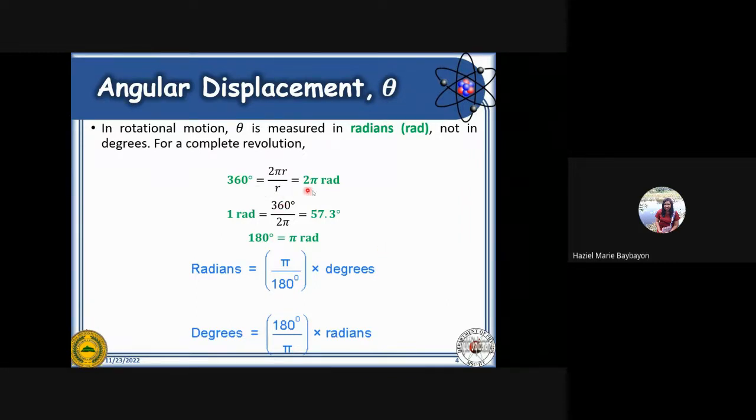So, it is important that we know these conversion factors. Okay, for example, if we will be given with degrees, we will be able to convert it to radians. Okay? So, 1 radian is equivalent to 57.3 degrees. And kini siya maoy kasagarang ginagamit nga conversion factor. 180 degrees katong 1/2 sa imong circle.